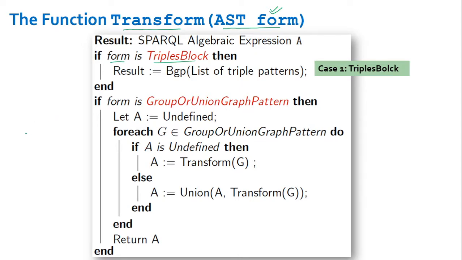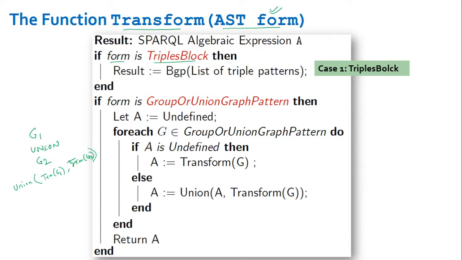If we try to recall, you have G1 union G2, right? Now you want to take the union, so you need to define this union between transform of G1 and transform of G2.